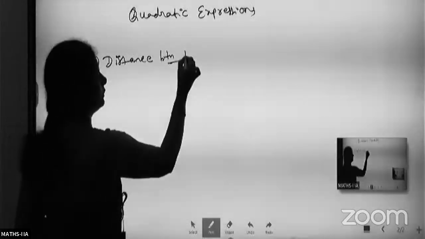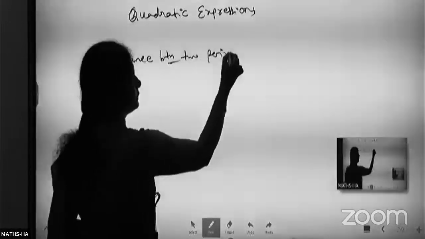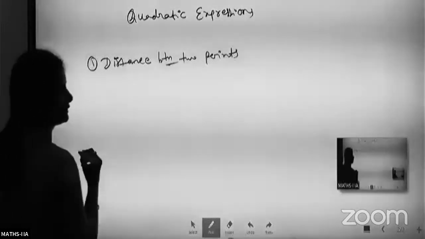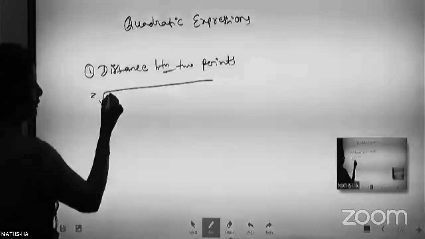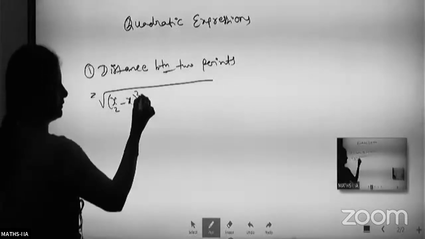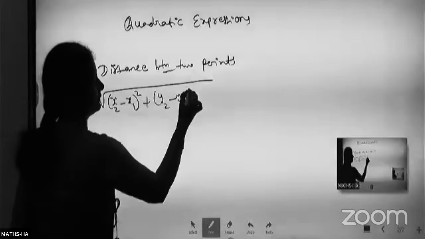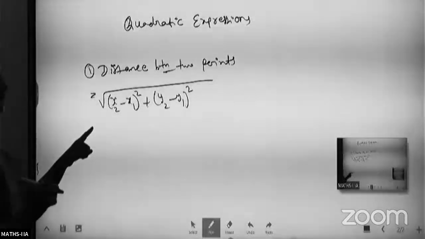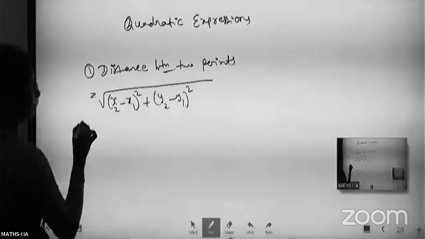Two general points will be given: x1, y1 and x2, y2. So what is the formula for that? Under root of (x2 minus x1) whole square plus (y2 minus y1) whole square. Based on this formula, the entire chapter will work out.